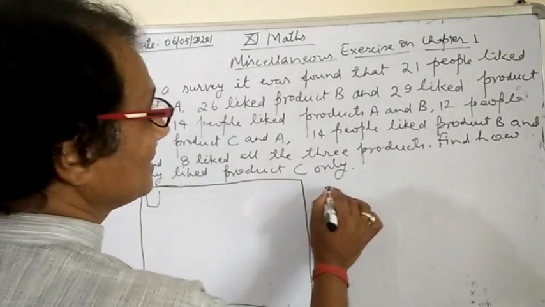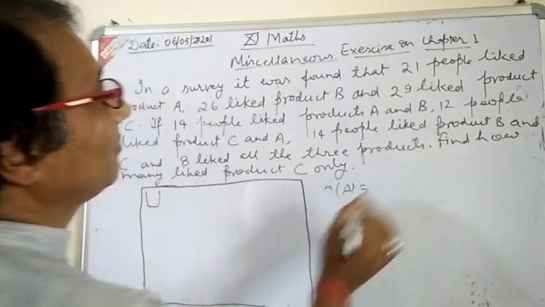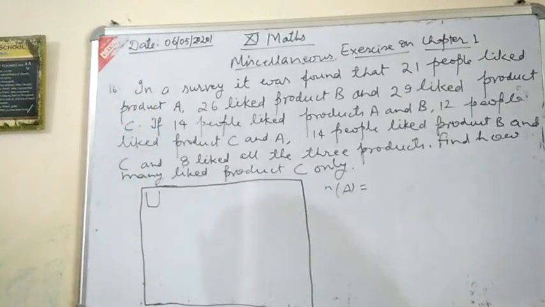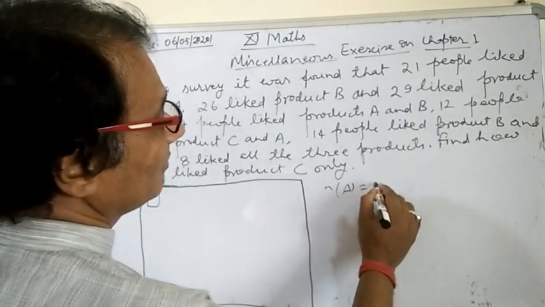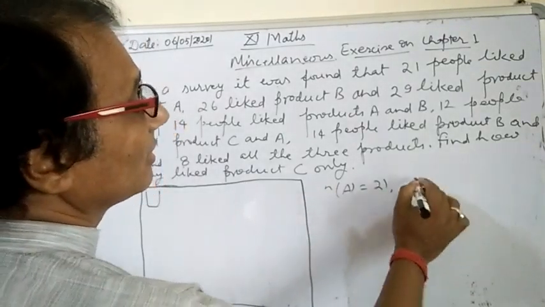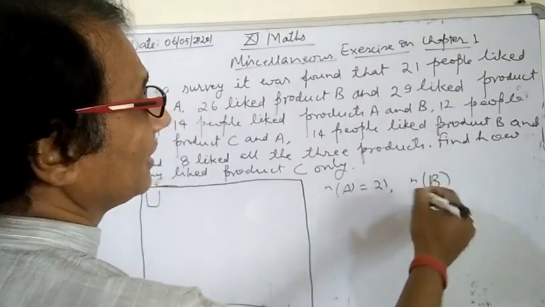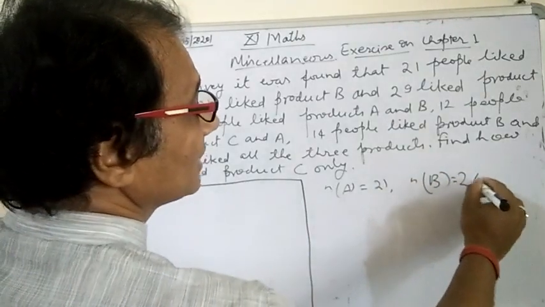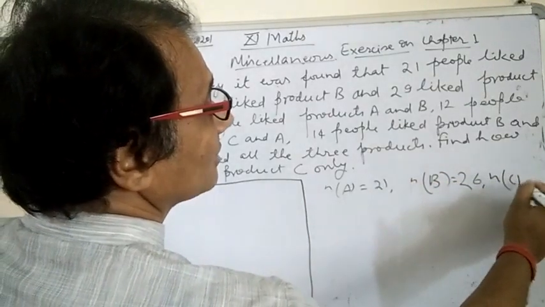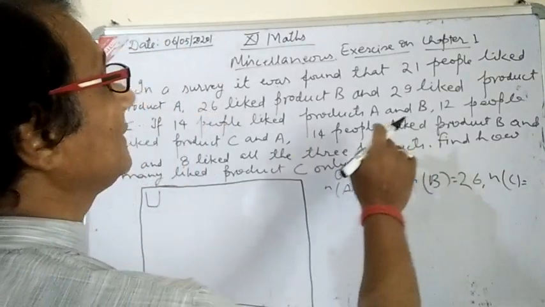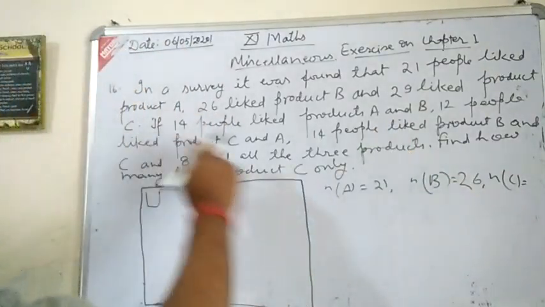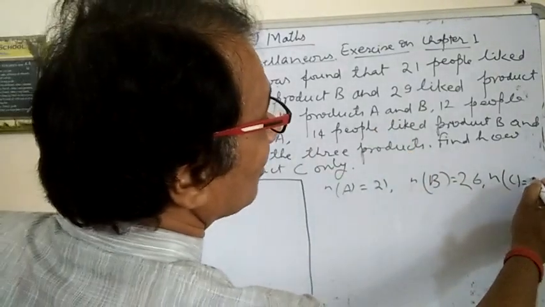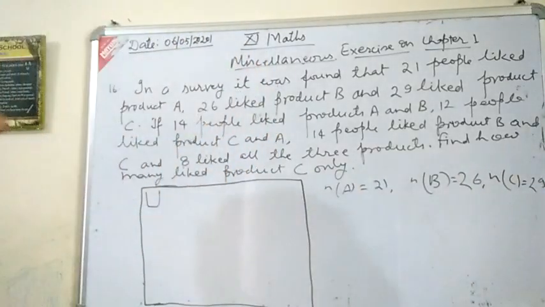The first set is set A, the people who liked product A; the number of elements is 21. Set B, who like product B, they are 26. And C, who like product C, are 29 people.